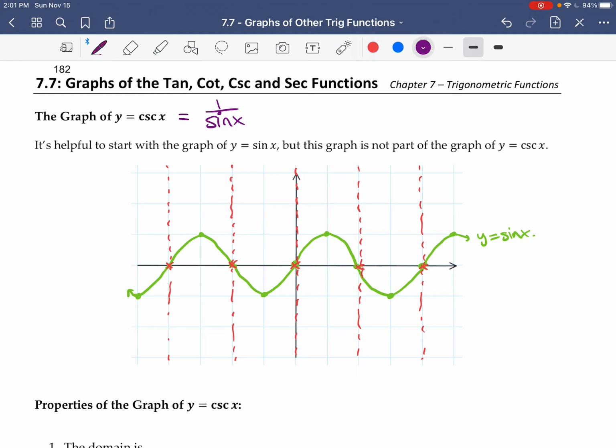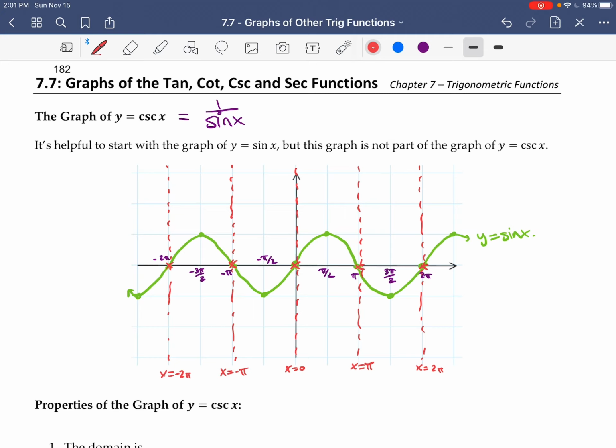So this is pi by 2, pi, 3 pi by 2, and 2 pi. This one is negative pi by 2, negative pi, negative 3 pi by 2, negative 2 pi, etc. So that means that this is x equals 0, x equals pi, x equals 2 pi, x equals negative pi, x equals negative 2 pi. So that's where our vertical asymptotes are.